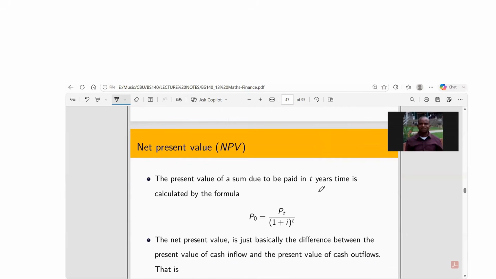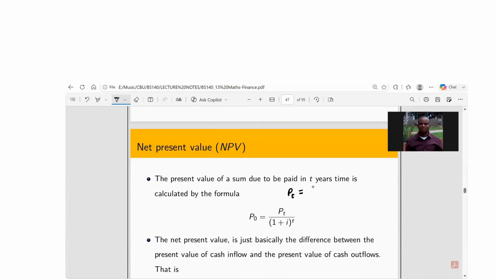Okay. Now, what is net present value? Of course, we know what the present value is. With net present value, we're just talking about the value of a sum that is due to be paid in T years' time to come. So we're calculating the amount that is due in some years. And it's simply coming from the same formula that we looked at.